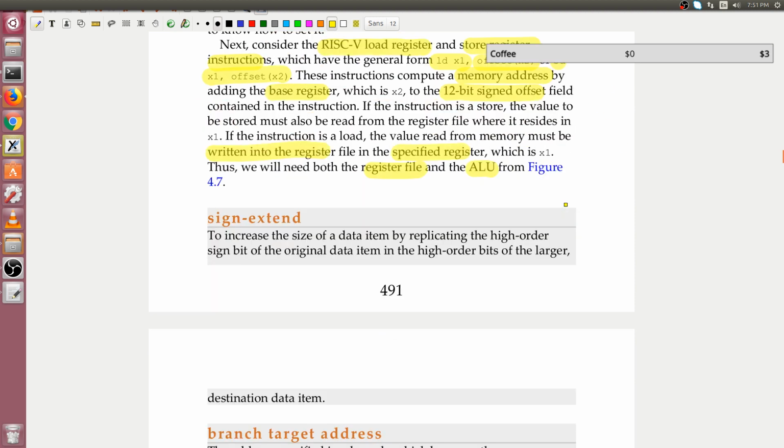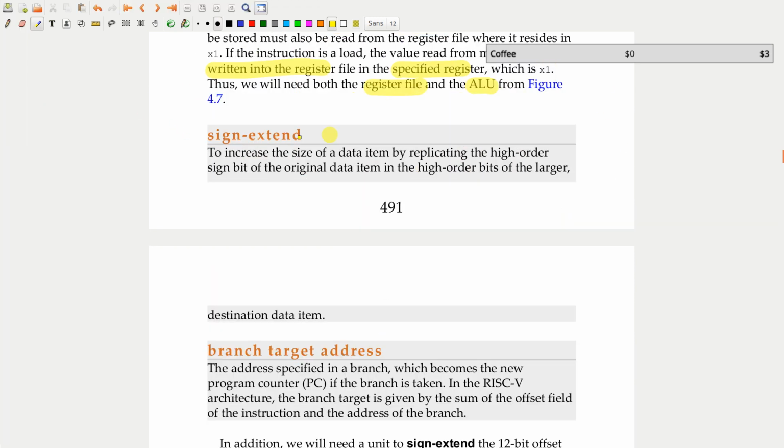Okay. Sign extend. These are just some basic terms that are good to know. To increase the size of data, we replicate some higher order data, which is sign extension. Say I had the number 3, so I had 0, 1, 1 in binary.